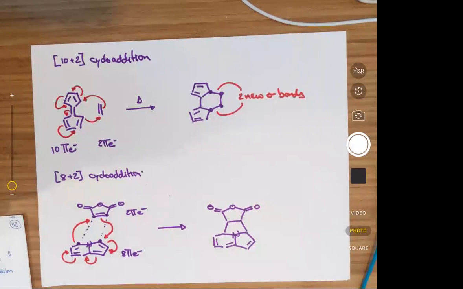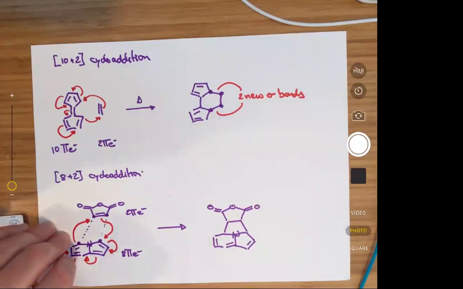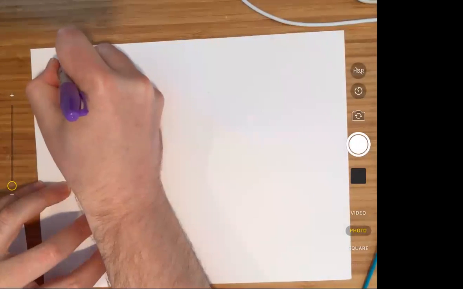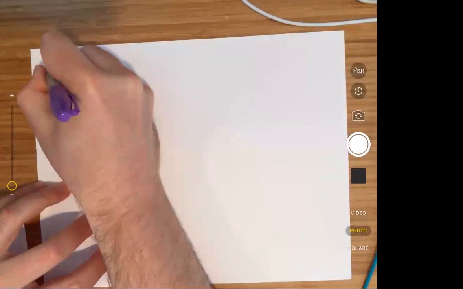Now, so far we only ever had as a partner this 2 pi electron system, but these cycloadditions are not limited to that. So you can really go crazy with this combination of electrons. And I just want to show one last one, and this is a 6+4 cycloaddition.